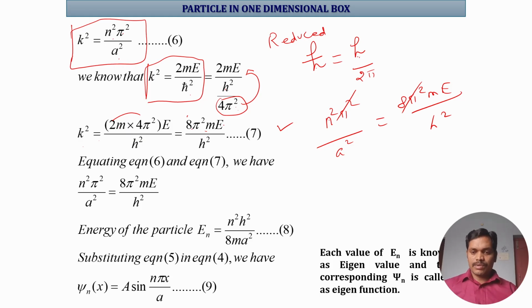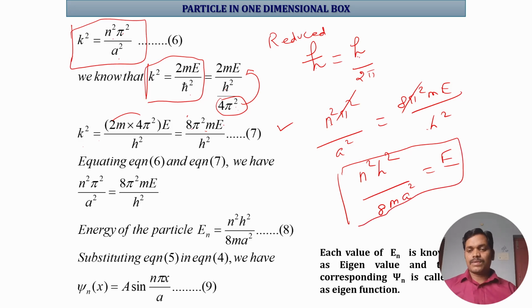And rearranging this equation, you can cross multiply, so that you have n square h square by 8m, and here we have a square, which is equal to E. So this is the equation for energy. This you would probably have studied as the energy of an electron equation, E equal to n square h square by 8m a square. That is what we are obtaining, the energy of the particle equation.